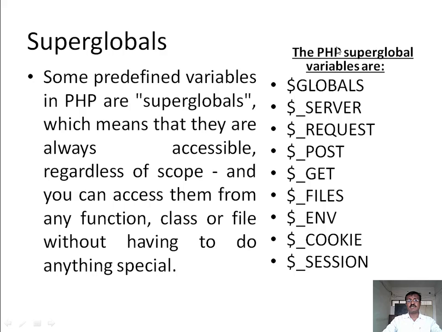So here we have a set of super global variables. GLOBALS contains all global variables in your script, including other super globals. Then the SERVER variable contains all the variables set by the web server you are using or other sources that directly relate to the execution of your script.